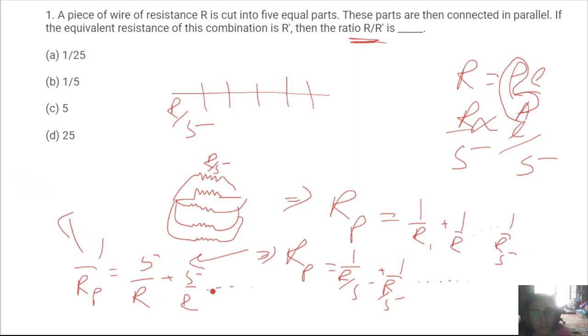Or I'll just multiply the whole thing by 5, right? So 1 by Rp equals to 5 into 5 by R. Okay.